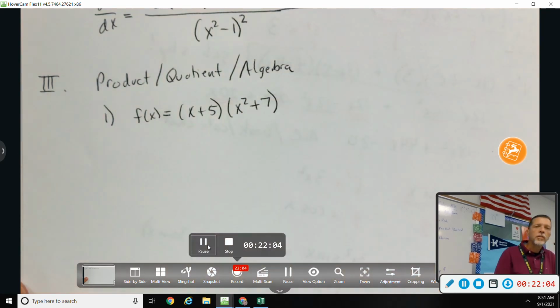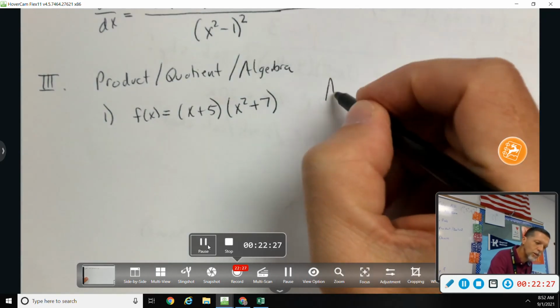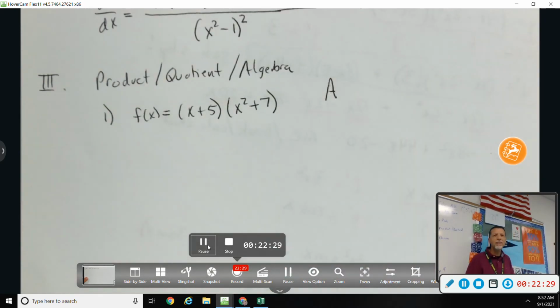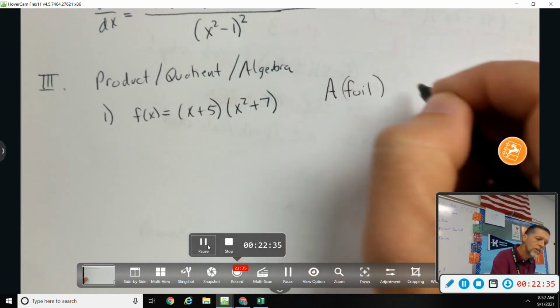So if I had x plus 5 times x squared plus 7, is that a product rule problem, a quotient rule problem, or should we do algebra first? And for this one, I would accept 2 answers. All right, you could do algebra, because foiling that wouldn't be that bad, and then take a derivative. What's your other option? The product rule. So you could foil first, or you could do the product rule.